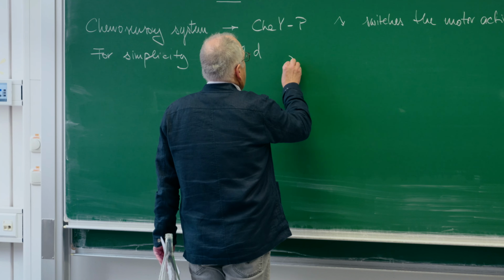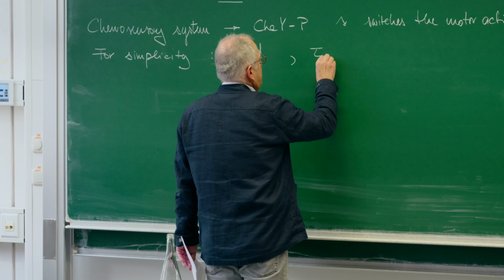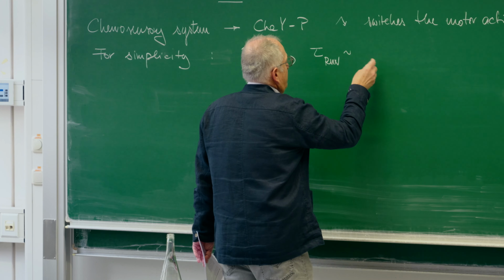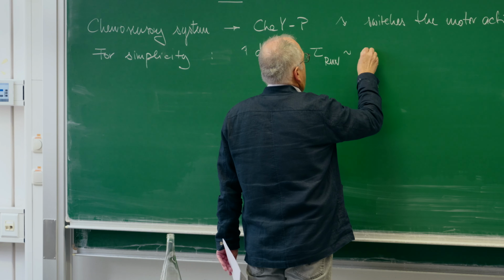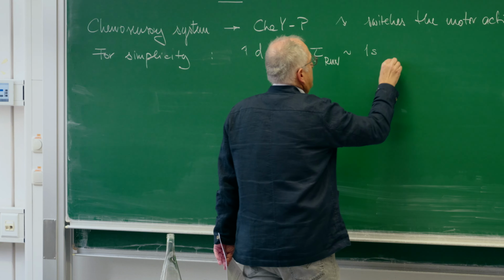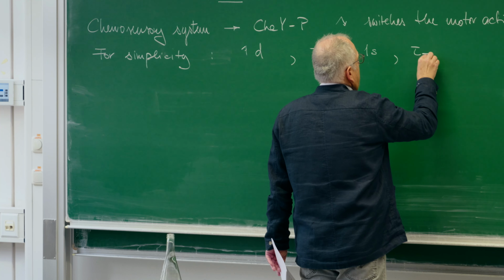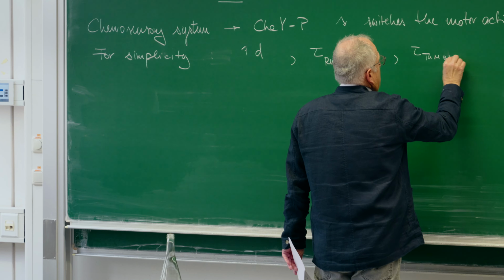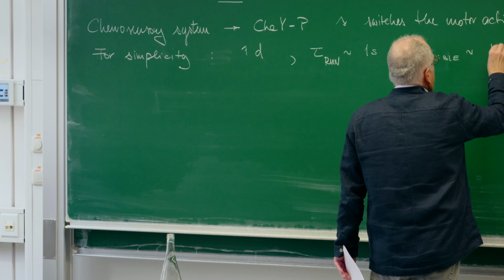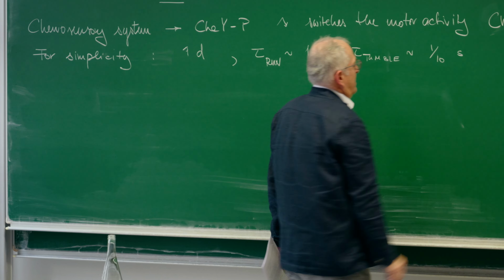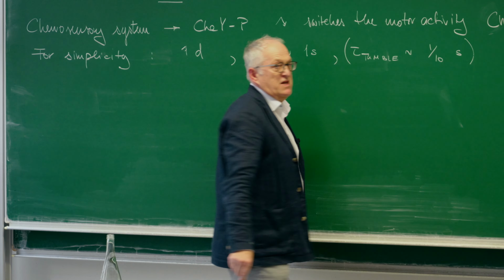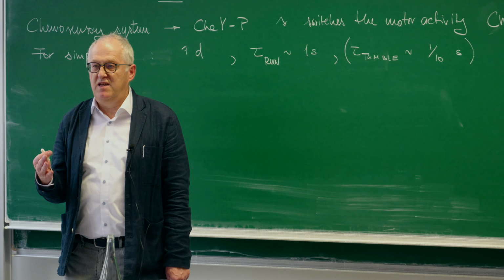And then when you look at the time scales, the run is about, I think, a second, and the tumble events, they are about a tenth of a second. And what we will assume is that these tumble events are instantaneous.